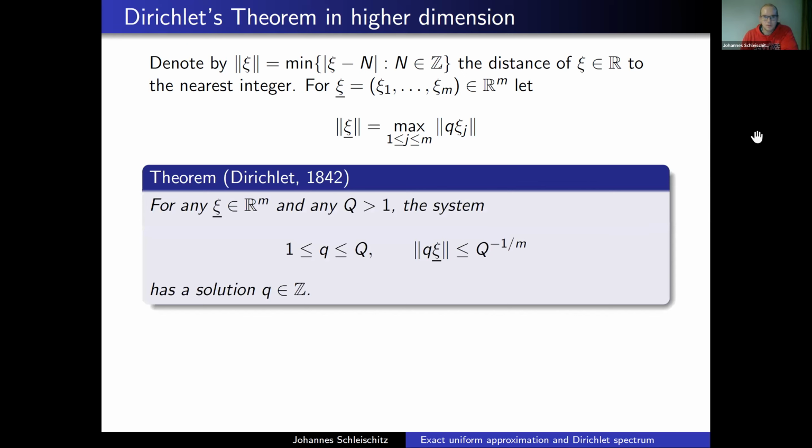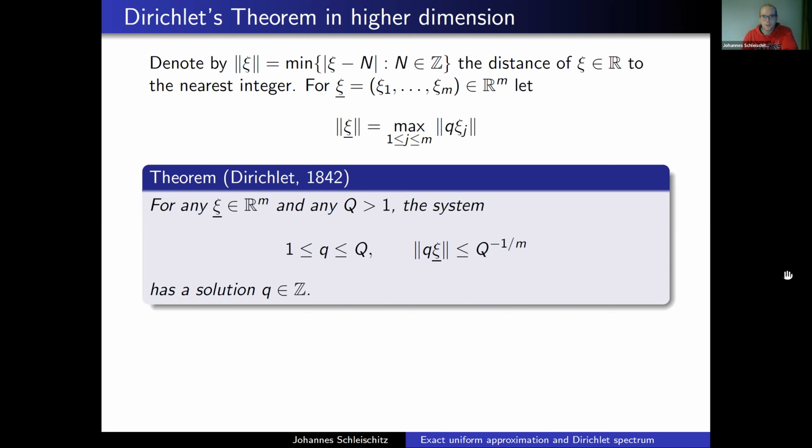And then in the theorem from the slide before, you have to replace the exponent. I work in dimension m, where m will always be the number of variables. You have to replace the exponent by -1 over m in general. For m equal to 1 it just becomes the theorem from the previous slide, but this is more general now.